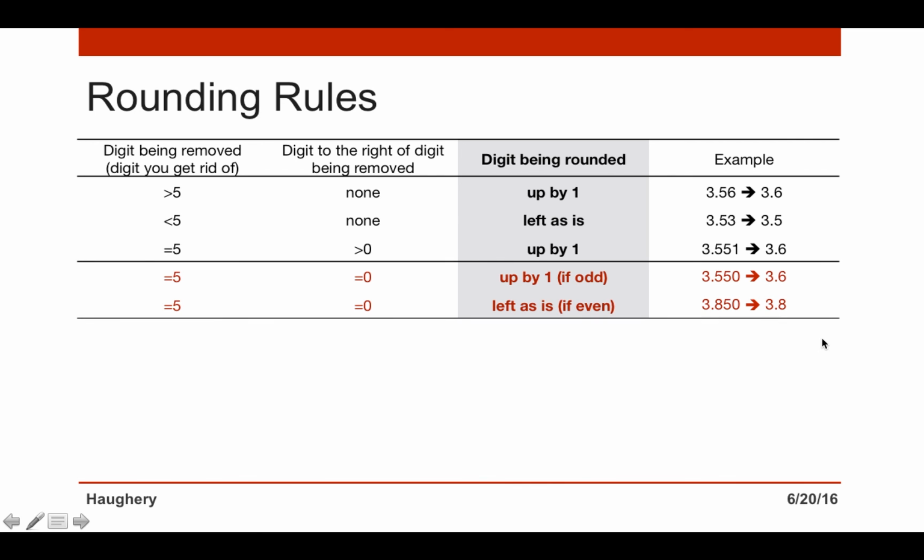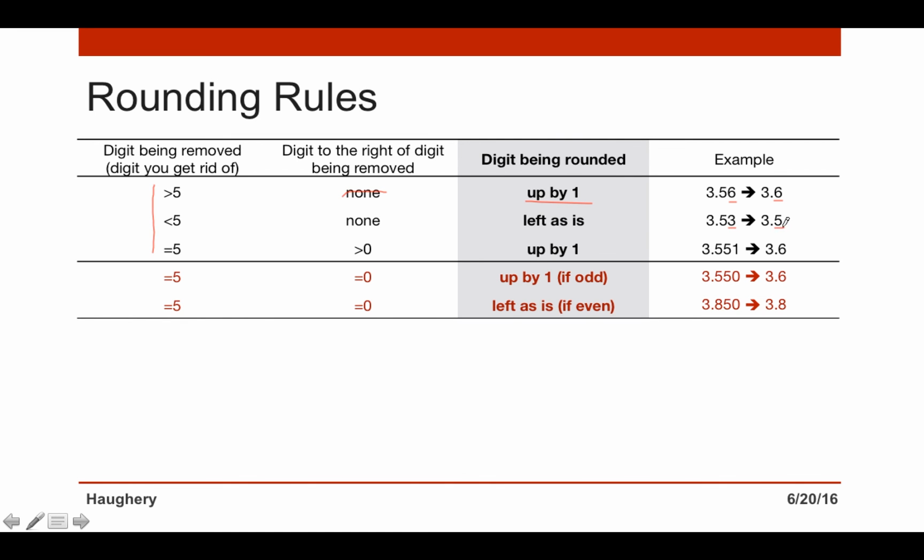And probably a lot of us don't have too much trouble with these first three. So the digit being removed, if it's greater than 5, or there's no number after it, the number we save goes up by 1. So in a situation like 3.56, of course this is above 5, so we round this up to 6. Similarly, this is a 3, and we don't do anything to the 5, right?